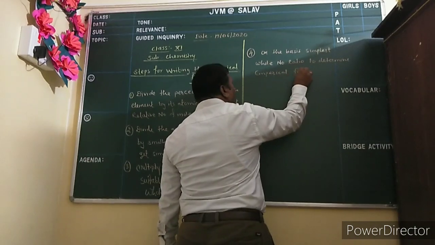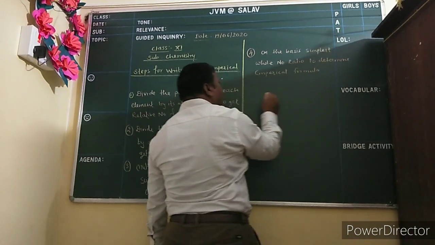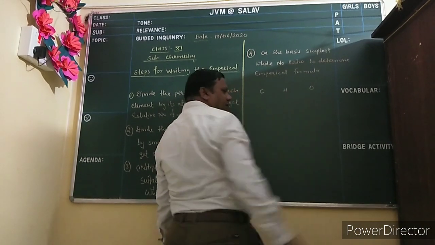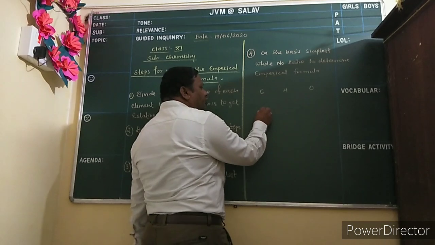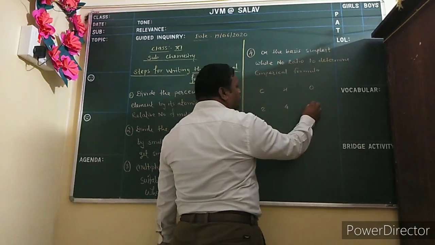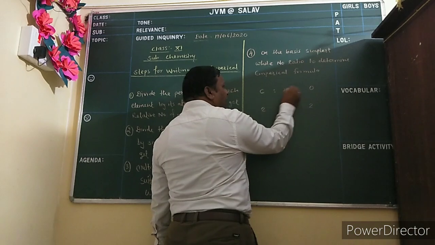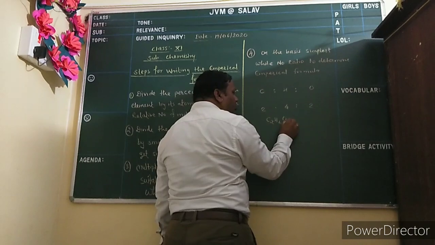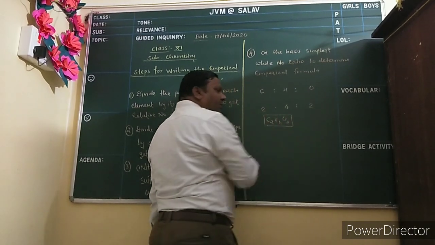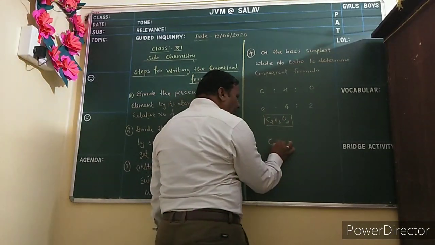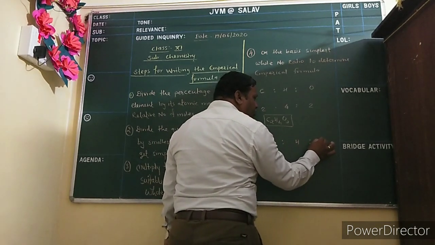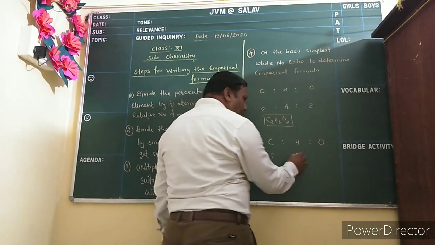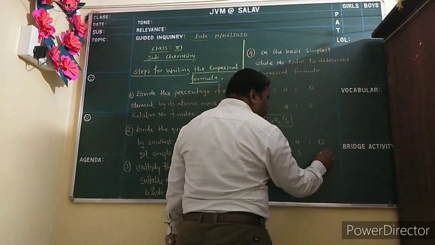Suppose carbon, hydrogen and oxygen are there. In the simple ratio carbon is 2, hydrogen is 4, oxygen is 2. So the formula is C2H4O2. But suppose carbon comes as 1.5, hydrogen 3 and oxygen 2.